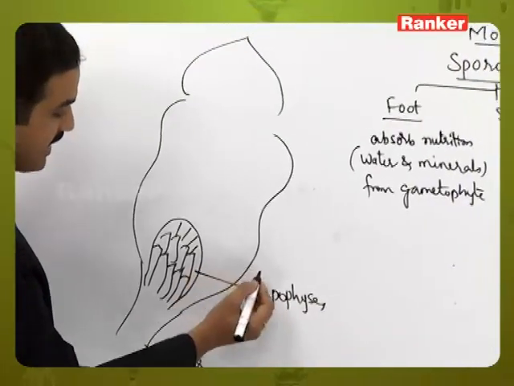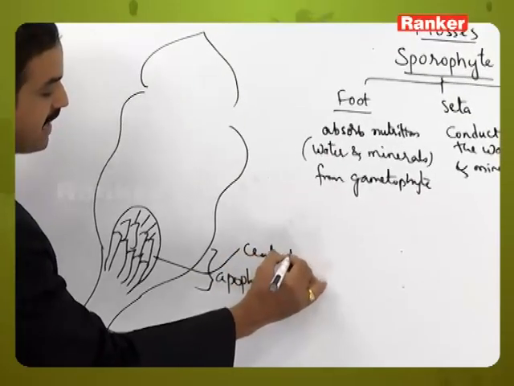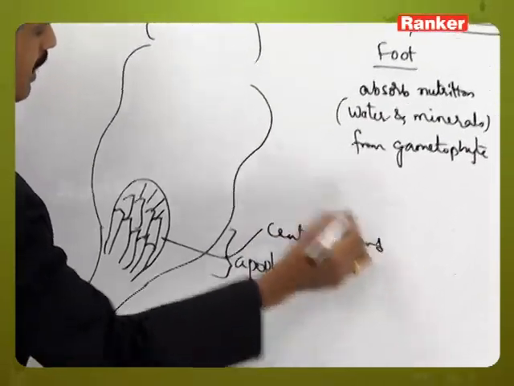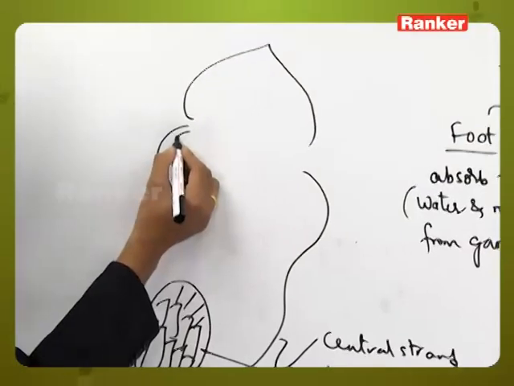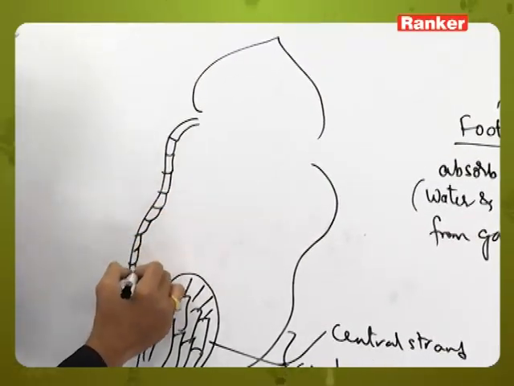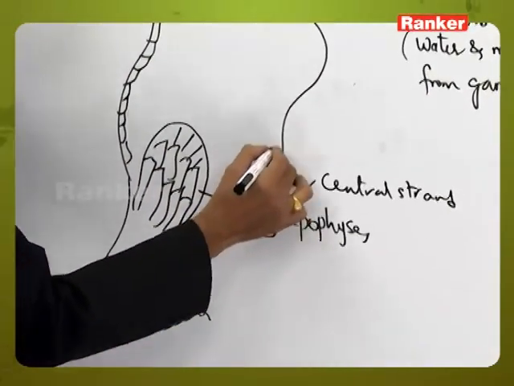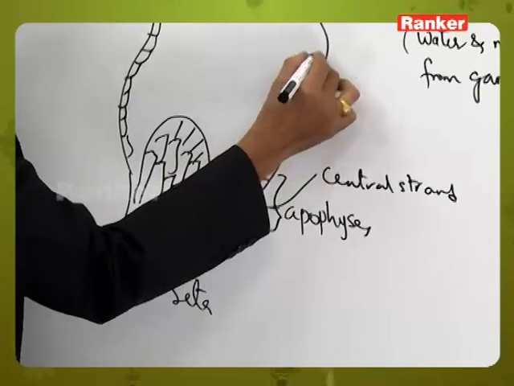This entire part is called the apophysis, and the central part is called the central strand, and the wall is made up of many cells in thickness. It contains epidermis and different types of layers.